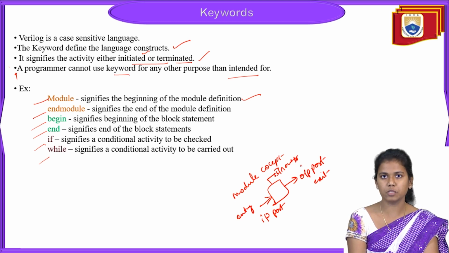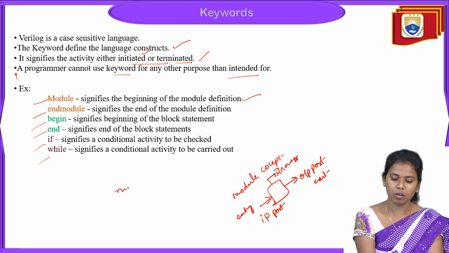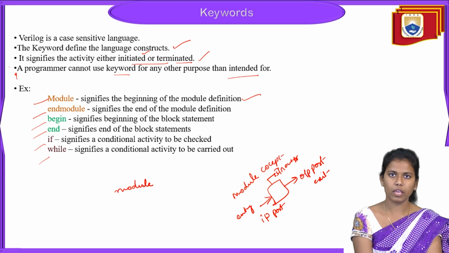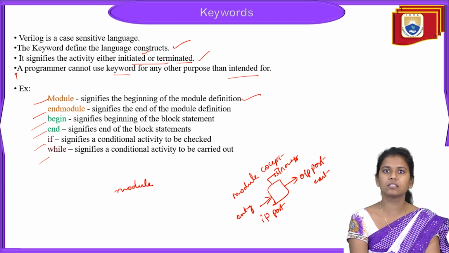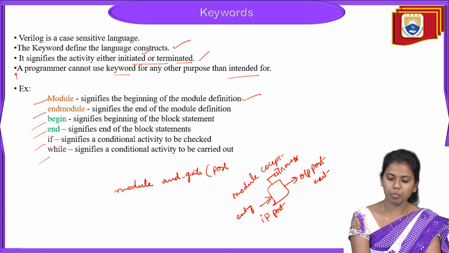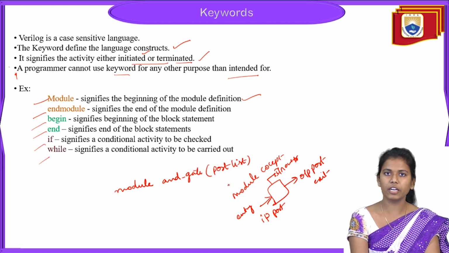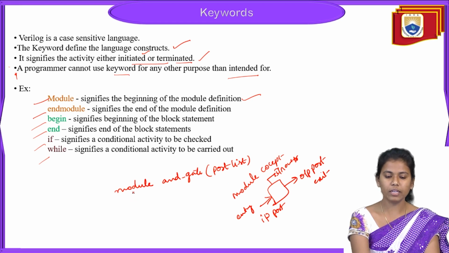So when we write this Verilog program, we start with the module. Suppose the electronic device that you are considering is a gate: module and gate, and here comes the port list. This we have already discussed, and you can consider it a recapitulation. So the module signifies the beginning of the definition.